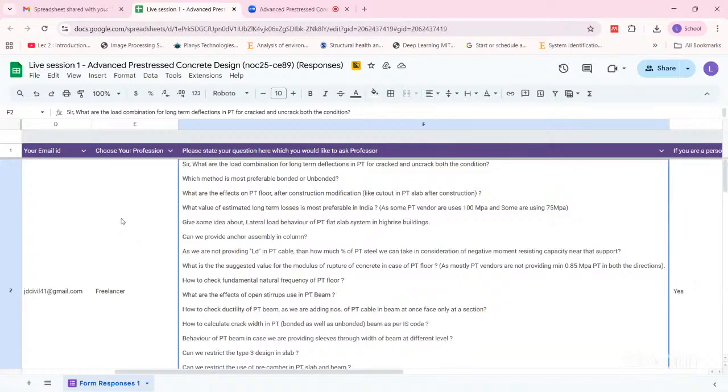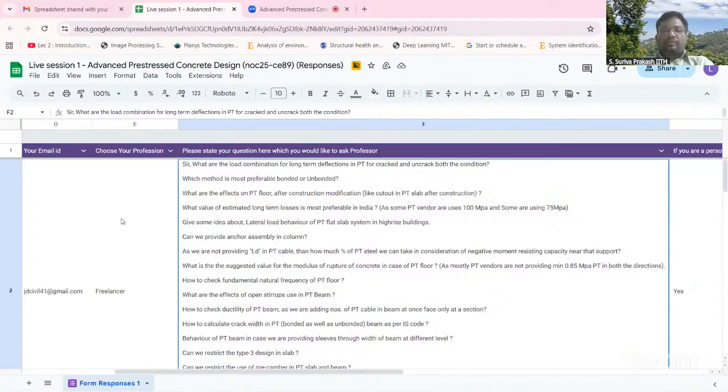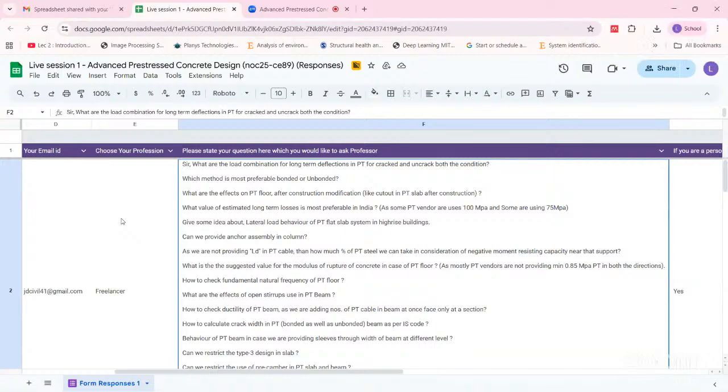In Dubai, Bahrain and Egypt, the municipal code also defines all this, so every company has to design as per the local criteria only. So 100, and in some countries 110 MPa, is defined in municipal criteria. But in India, some vendors are taking 75 and inserting a smaller amount of PT cables.